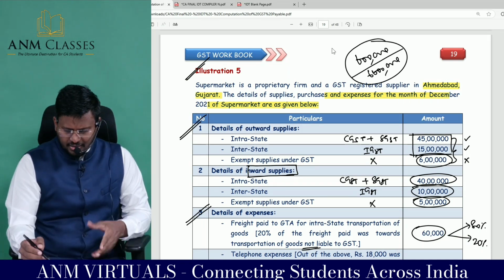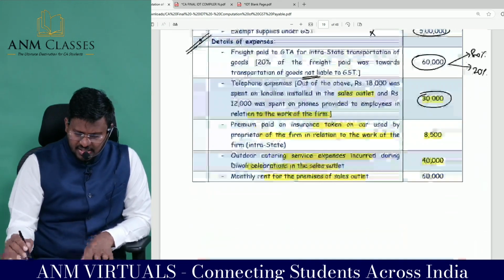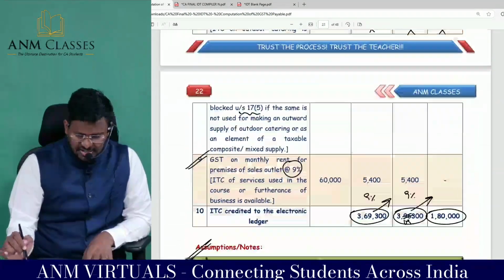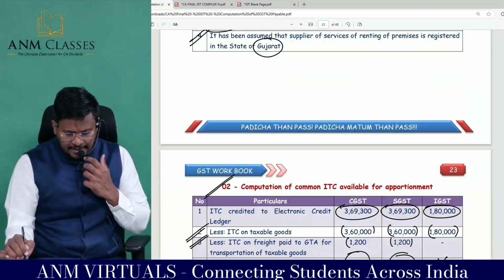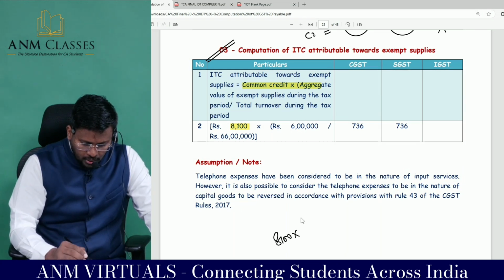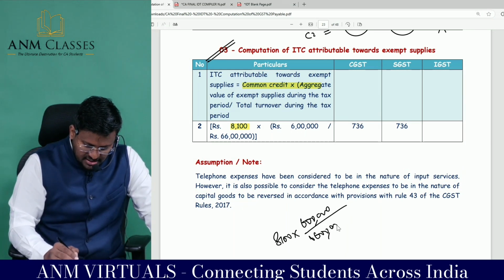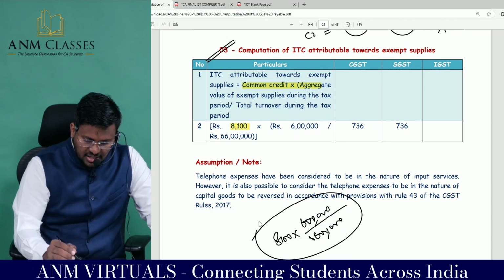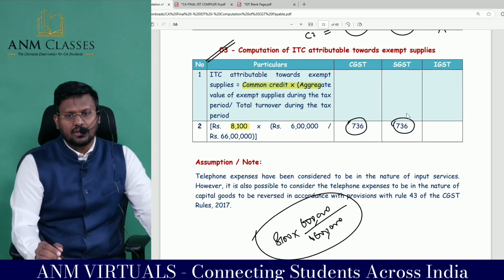Comfortable, sir? They have straight away given it in the question. 6 lakhs divided by 66 lakhs. So, my dear lovable students, 8,100 into 6 lakhs divided by 66 lakhs comes to 736, and 736.